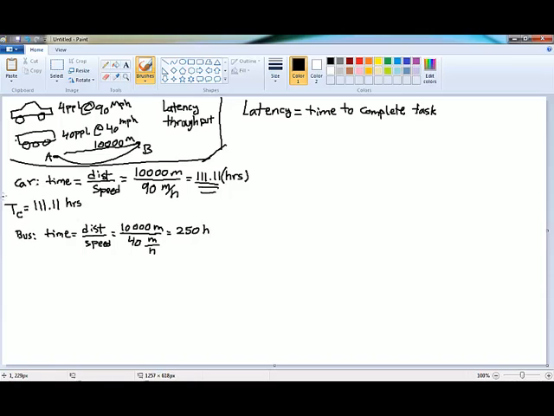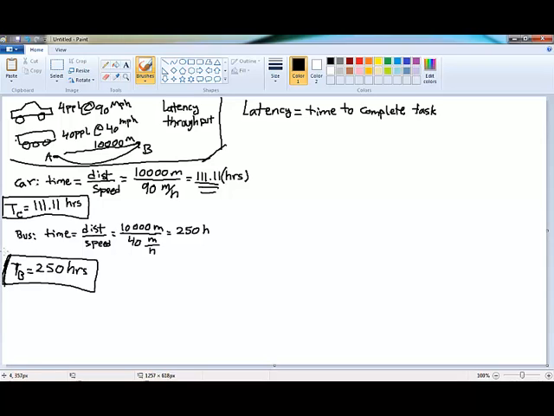So the time it took to transport across the country in a car is almost 110 hours, and the time that it takes to transport in a bus is 250. So that's almost 2.5 times longer, transporting 1 person with the bus and 1 person with the car.